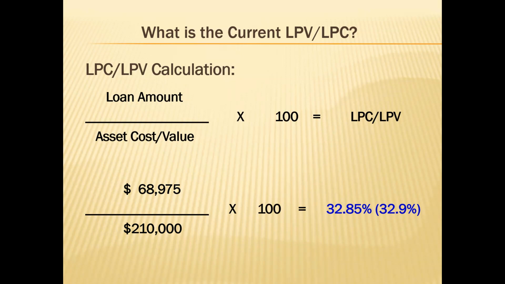Okay, so the loan as a percentage of the value is 33%, which is again a very good lending percentage, which means they don't owe a whole lot against their property.